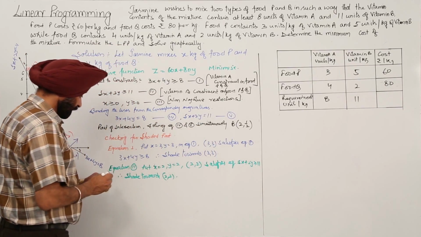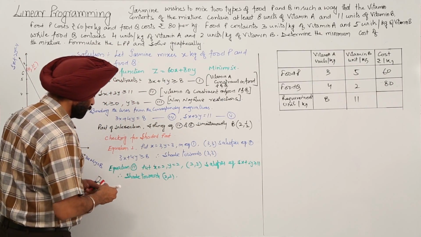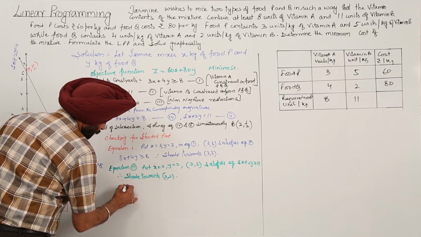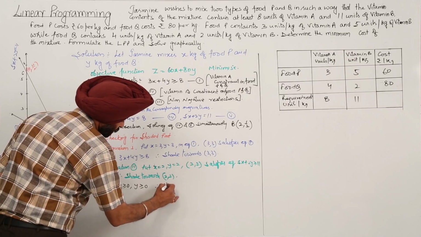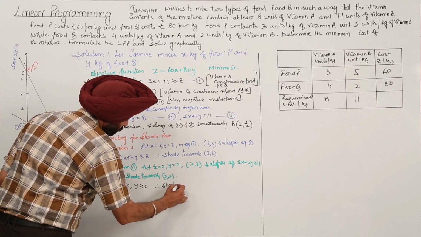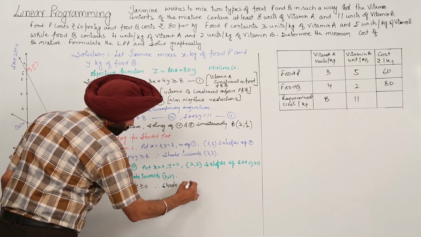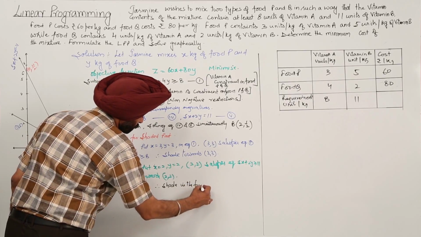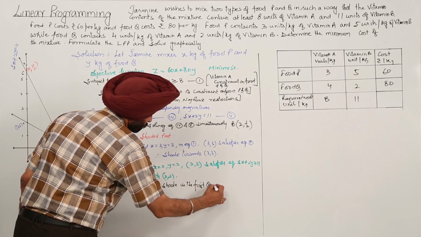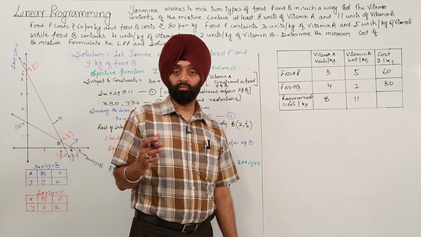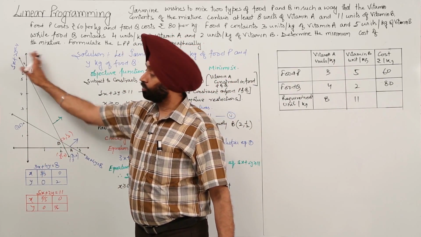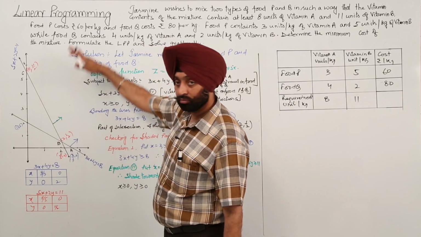One more thing is left: x greater than or equal to 0, y greater than or equal to 0, therefore shade in the first quadrant. Now x greater than 0 means this point, y greater than 0 means this point.